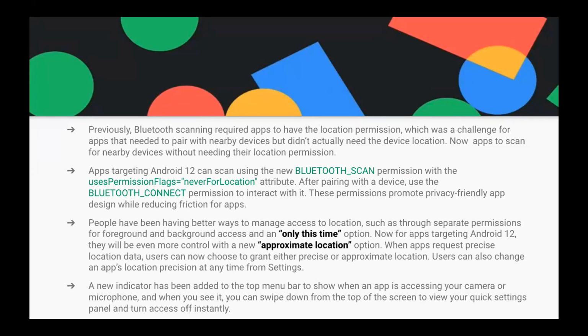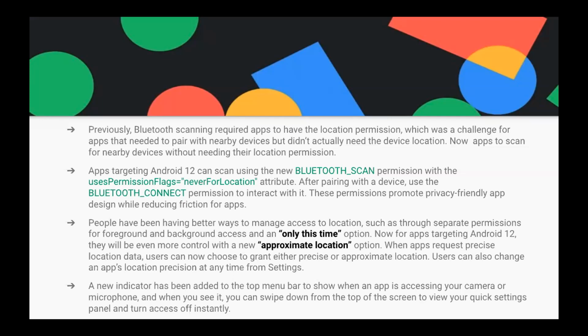You can allow any application that is asking for your location access either only for the period when it needs the permission, or throughout. And then there is the new feature where you give it an approximate location of where you are rather than a larger location access. Now when apps are requesting precise location data, users can choose to grant either precise or approximate.